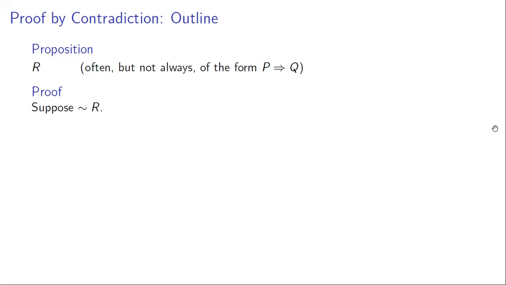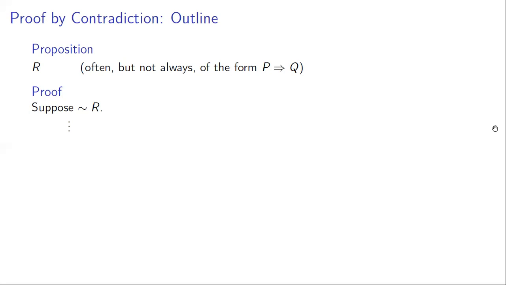And what we do in the proof is suppose not R. In other words, we suppose that the proposition is false. Meaning, at this point, we don't know if the proposition is true or not, right? We're trying to prove that it's true, but we don't yet know that it's true. So we start off by guessing that it's false. We do some work, and here's where the magic comes in, or the pain, whatever.